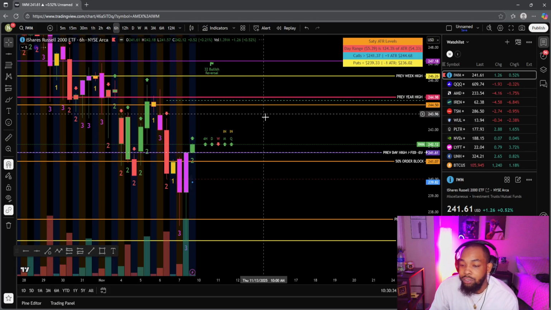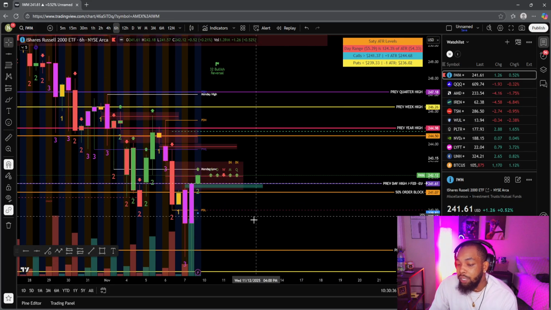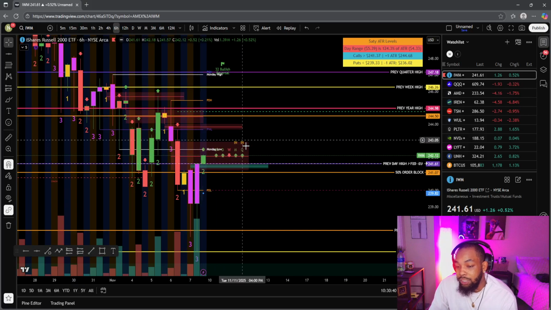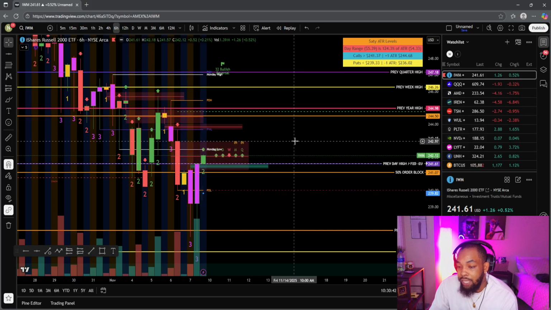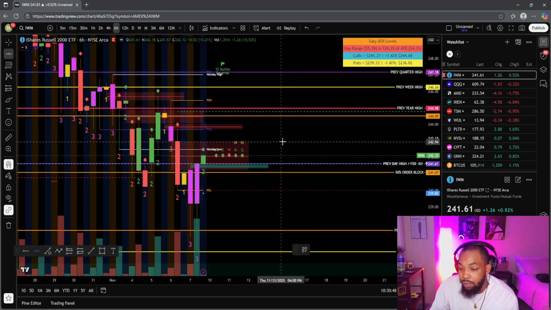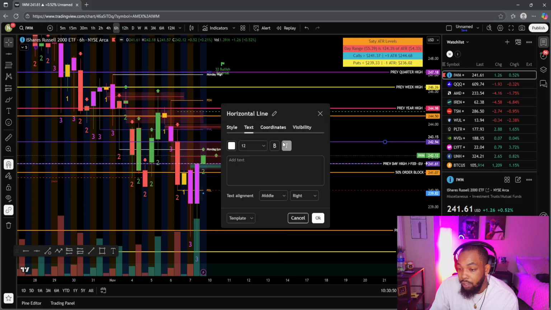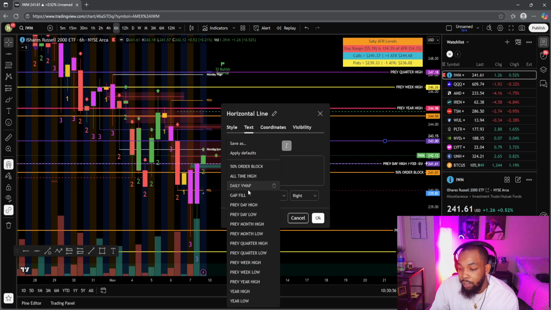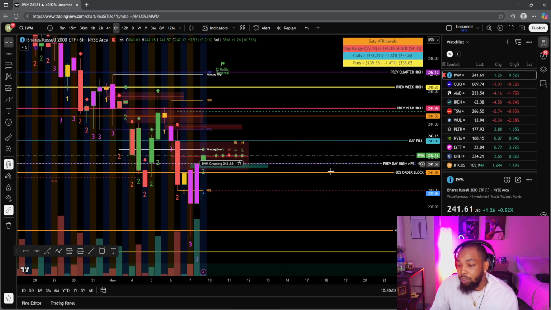So let's drop down to a 6-hour time frame. It's really nothing to take. So we had this 3-2. We just see if this 2 continues, and we have this gap fill here at 243. I'll just round it off to a whole number. A gap fill can be a target.